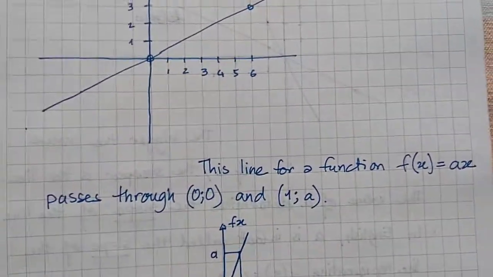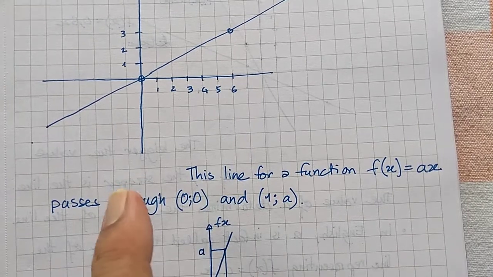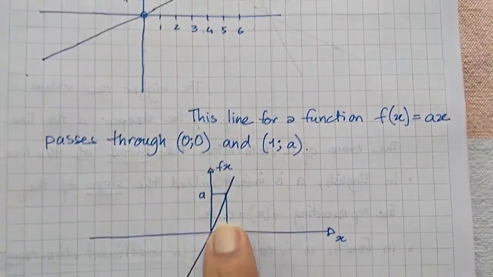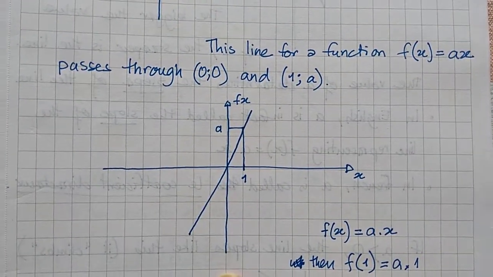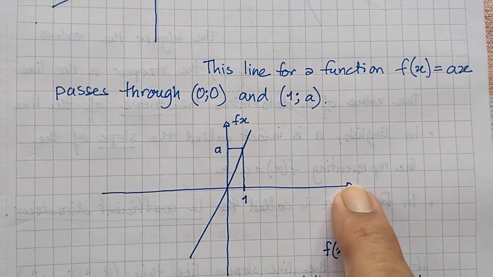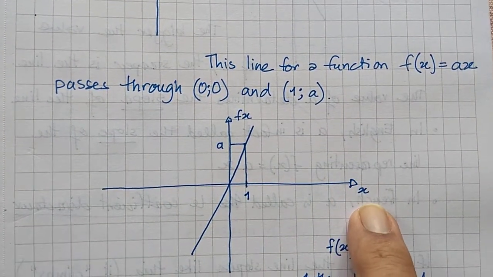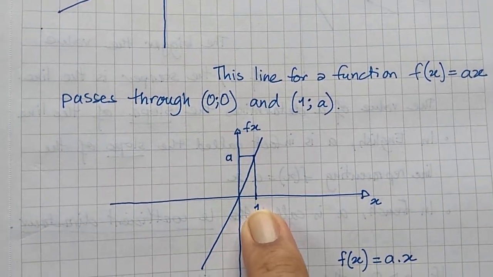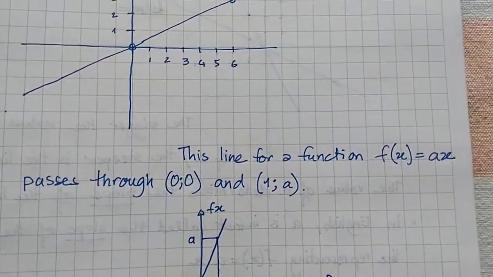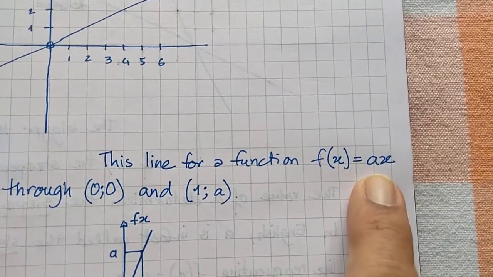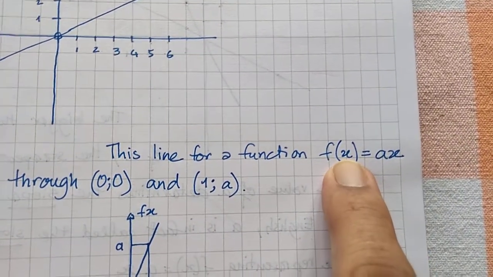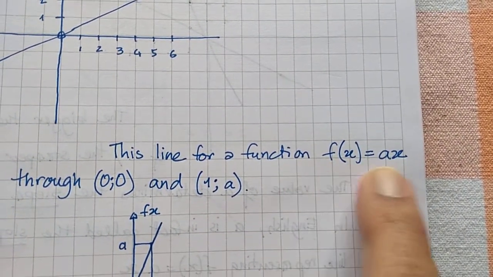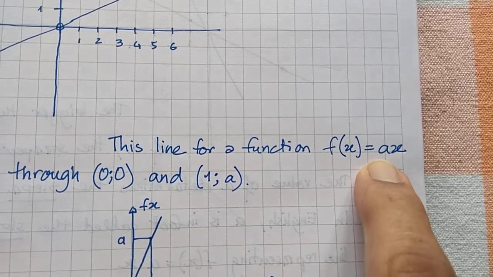So this line for a function, now I draw a general case where we don't know the value of a. So if this is x, when we take a value of 1 for x here, if f of x is equal to ax, if x is 1, then f of x is equal to a, correct?